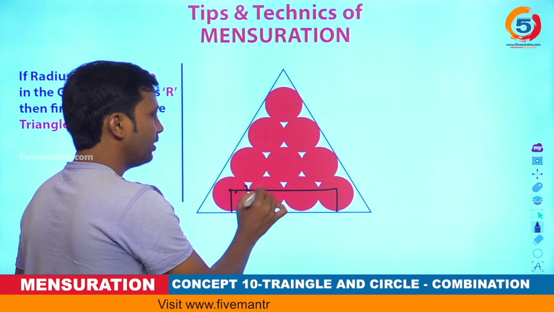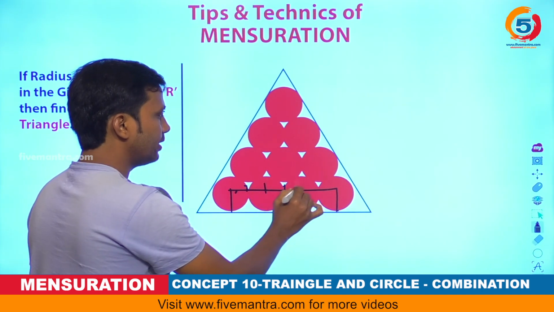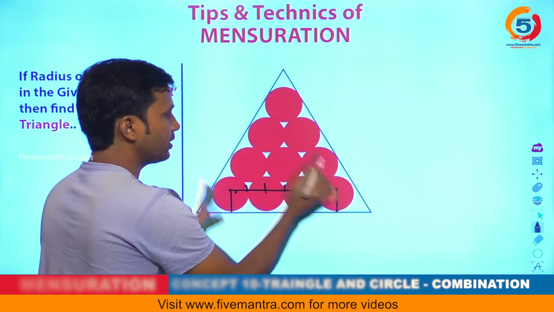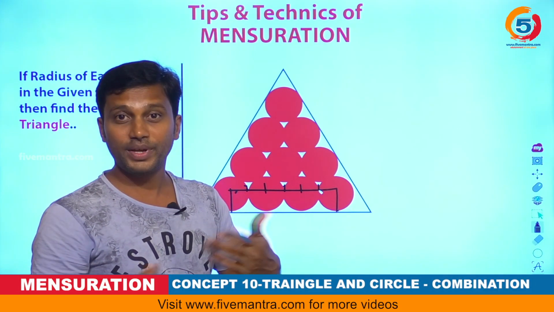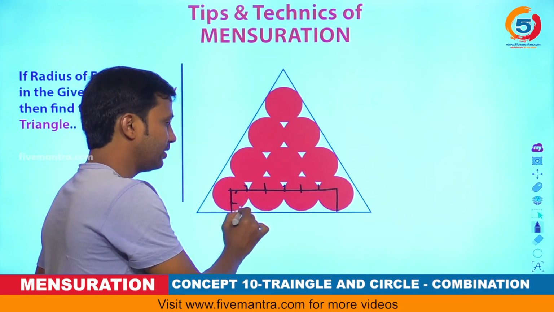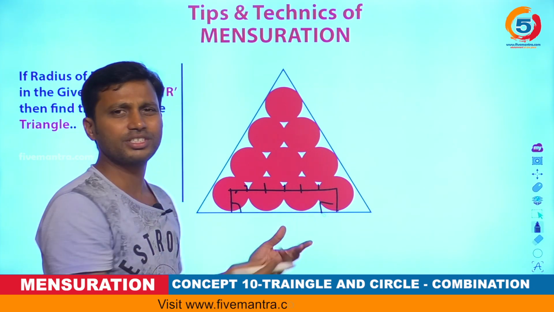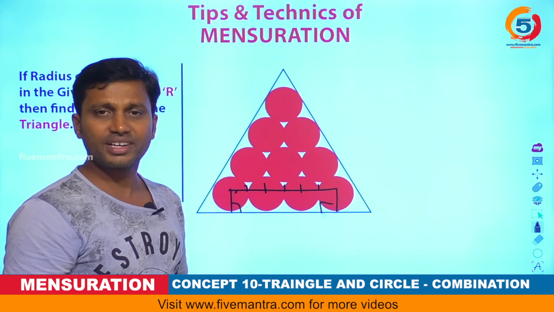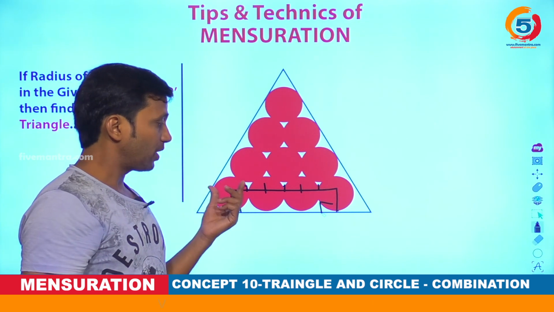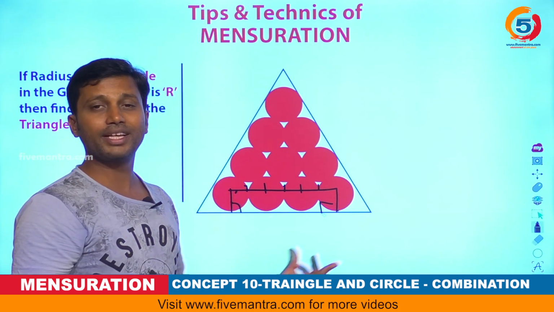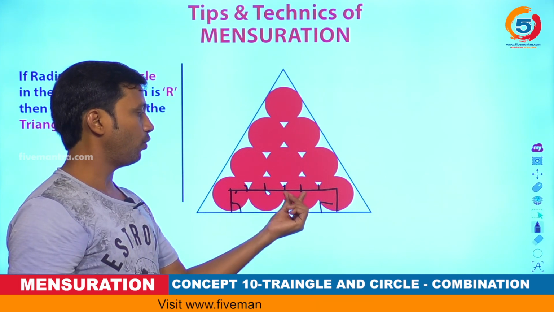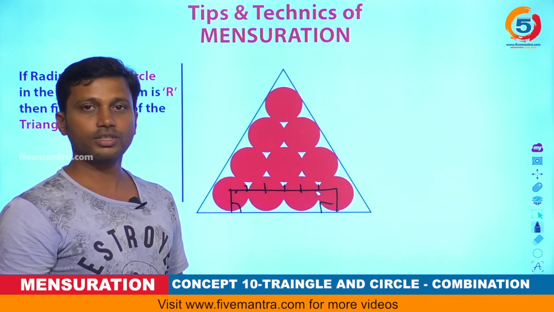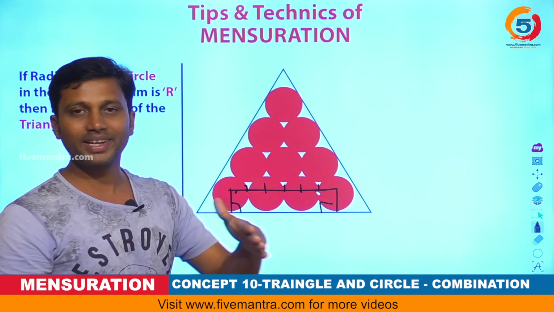This is 1, this is again 2, this is again one more 2, this is 1. So how many radii are combined here to form the length of the rectangle? This is a rectangle. Every time we don't need to discuss the same thing. So in this rectangle, the combination of how many radii will be equal to the length of the rectangle? This is 1 radius, 2, 3, 4, 5, 6. Total 6 radii are joined together to form a length.